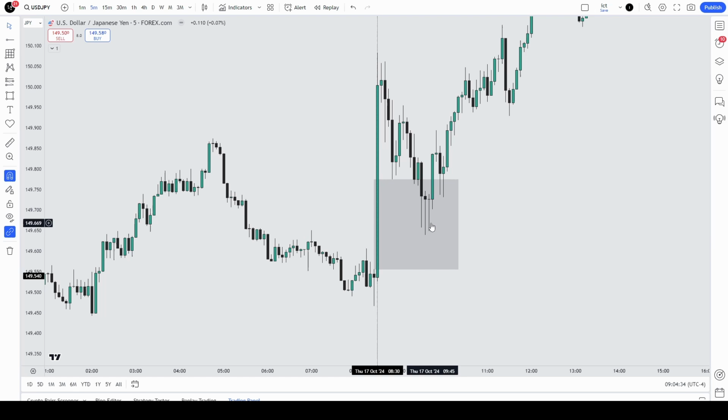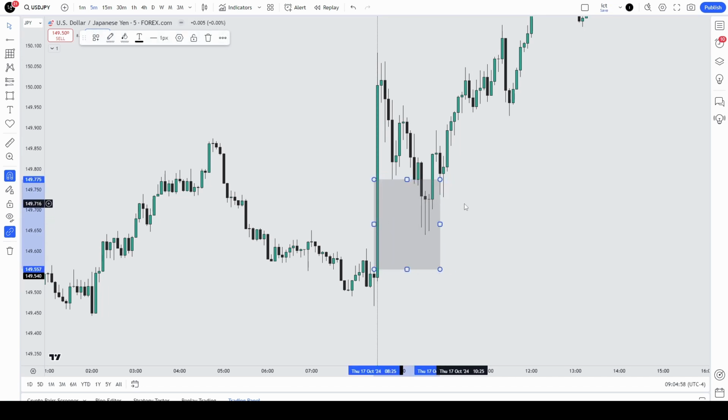So we are waiting for price to come back into our fair value gap, which is obviously this. This is your whole fair value gap, but because of the function I just explained, how we went higher, lower, higher, this portion is what I'm focused on. So this is the portion that hasn't been delivered on the sell side.